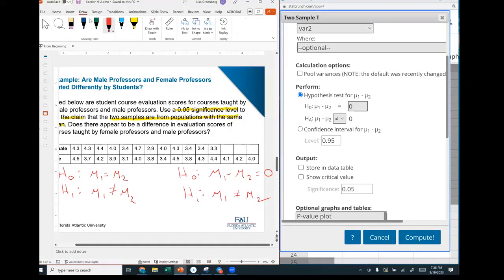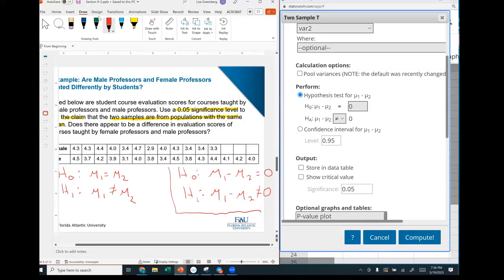So basically, we're saying mu1 minus mu2 is not equal to 0. So this is a two-tailed test.